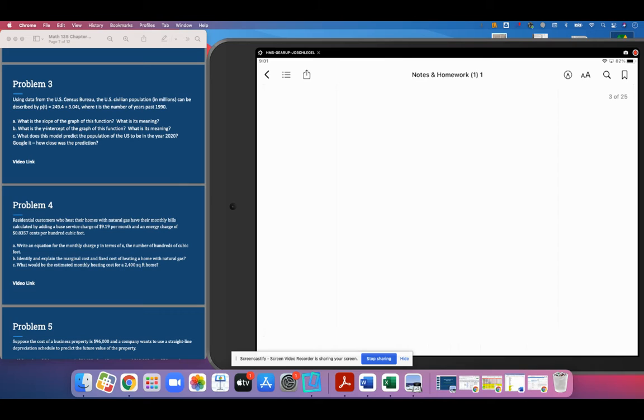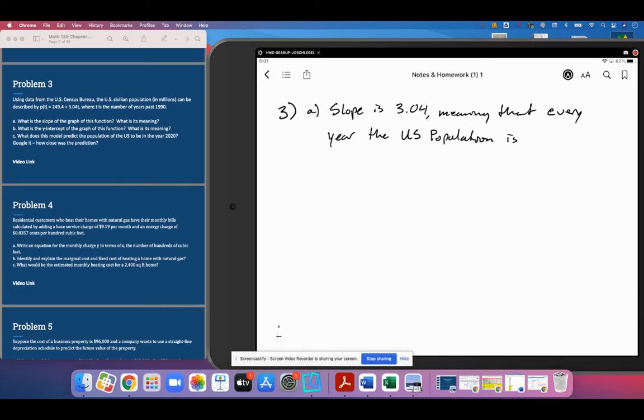And so for part A here, our slope is attached to t, 3.04, meaning that, and again, remember slope is for one more, or marginal, we've used that before, meaning that every year the US population is increasing by 3.04 million people.